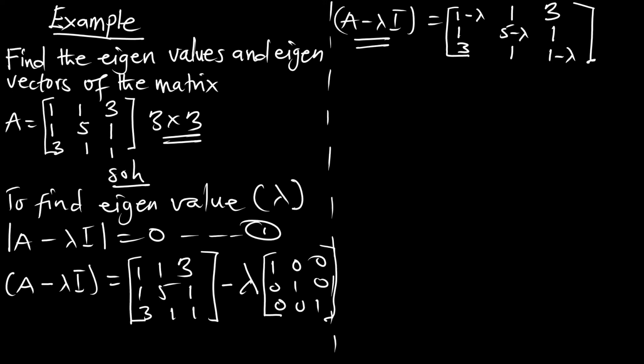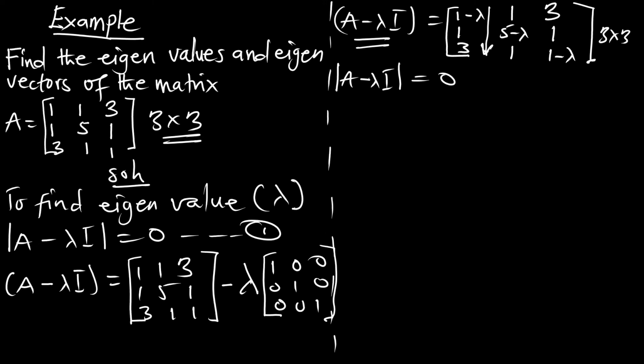In order to find the eigenvalue lambda, we have to find the determinant of this matrix and equate it to 0. So how do we do it? This is a 3 by 3 matrix. How to find the determinant of a 3 by 3 matrix? I'm going to take one of the columns and find the determinant. So first, I'm going to take this column.